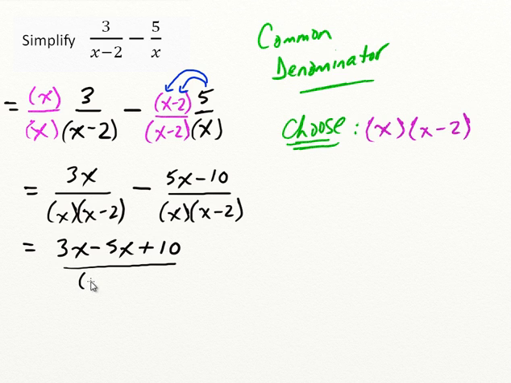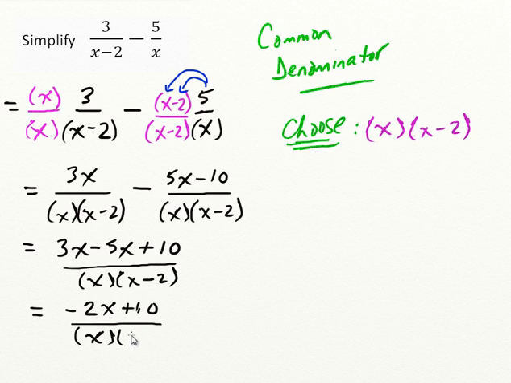All of that over the common denominator of x and x minus 2. And we can combine the like terms of 3x and 5x to get negative 2x plus 10. And all of that is over top of, again, x and x minus 2.